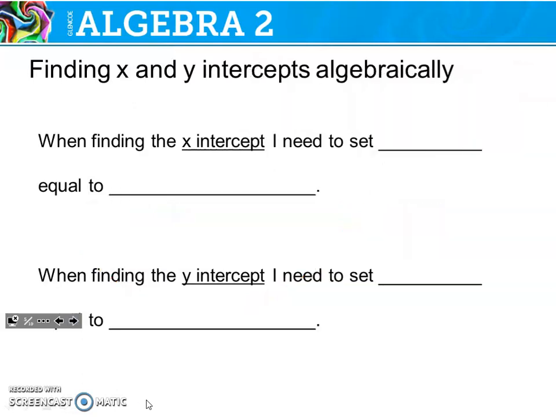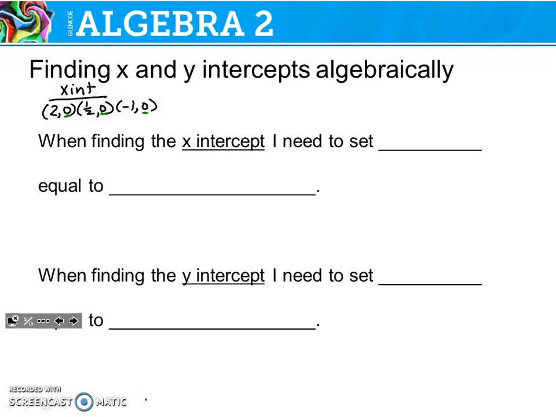Now, taking that information that we learned on the first slide that we started talking about when we were making that investigation, we said that our x-intercepts, (2, 0), (1/2, 0), (-1, 0), all of those x-intercepts had a y value of 0.